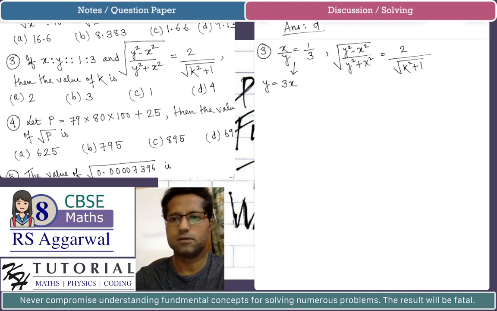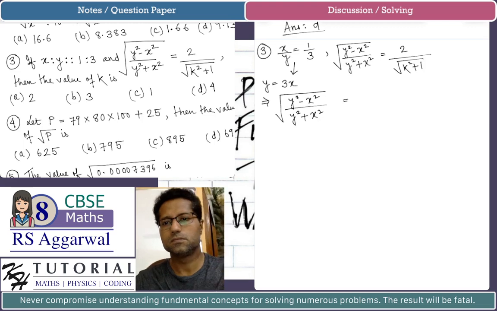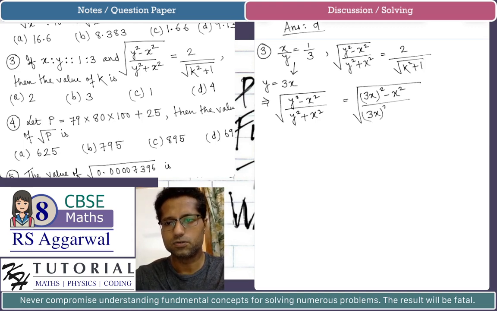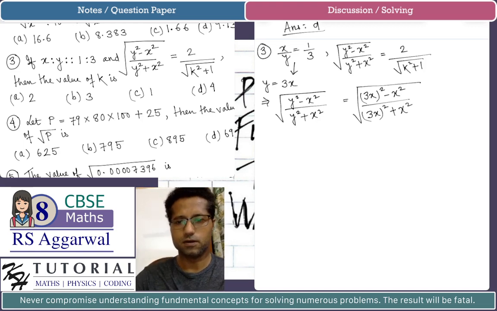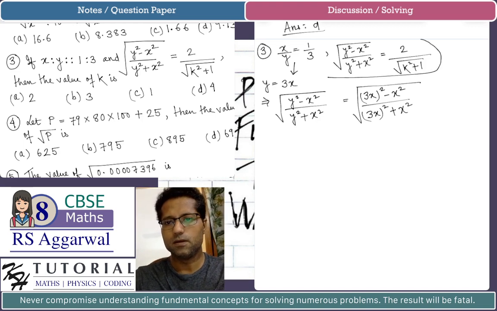Now this implies that the square root of y squared minus x squared divided by y squared plus x squared will be equal to the square root of, if I substitute y as 3x, 3x whole squared minus x squared divided by 3x whole squared plus x squared. This is the LHS of the given equation.